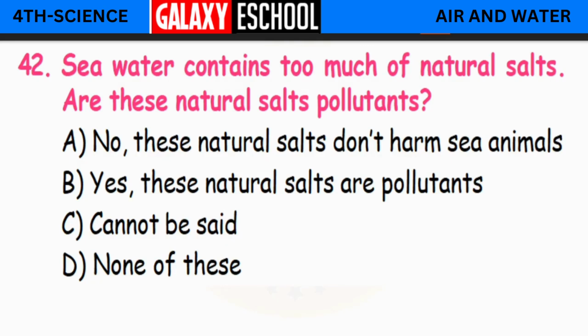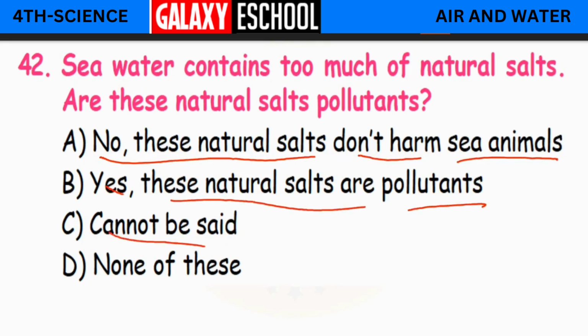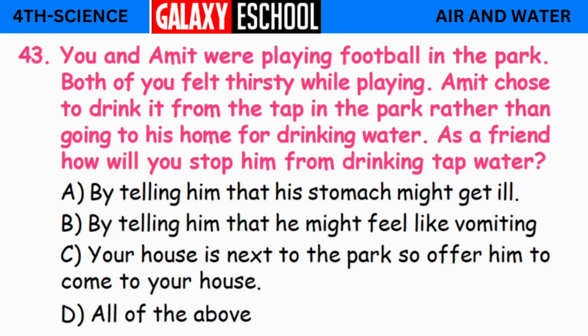The options are: no, these natural salts don't harm sea animals; yes, these natural salts are pollutants; cannot be said; or none of these. And the answer is no. These natural salts don't harm sea animals because they are made by nature. So they are not going to harm sea animals, and they are not going to pollute the water. Clear, children?